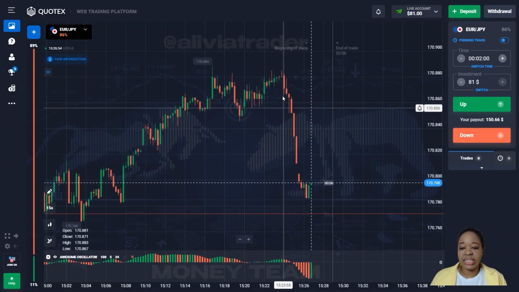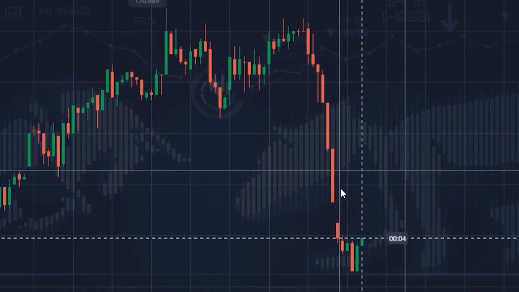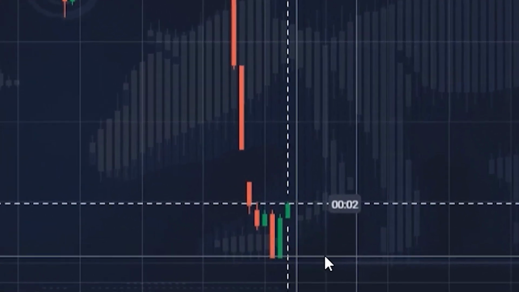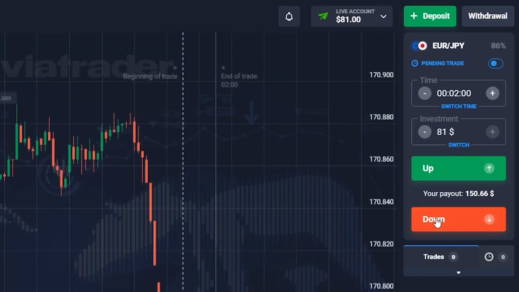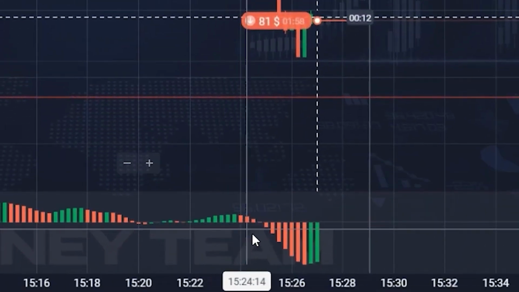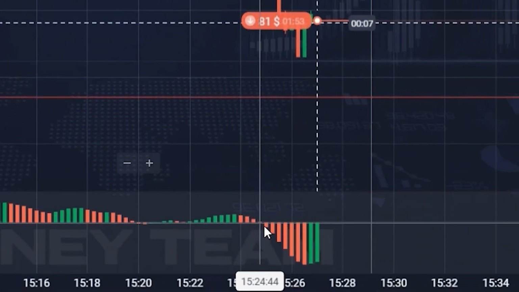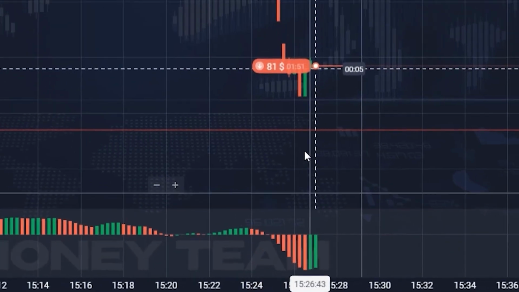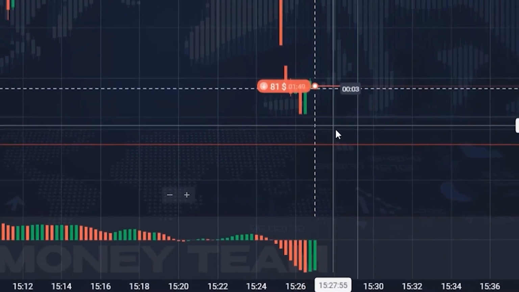So let me find my first entry point and explain it to you. As you can see here, the price shows a good decline, and at the moment I'm observing some fading in the situation. I'm going to open the trade for 2 minutes to go down, because as you can see here, we have a crossing of the histogram of the zero level, and I understand that the price has a good downside potential.